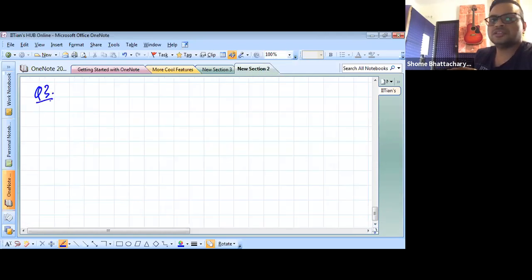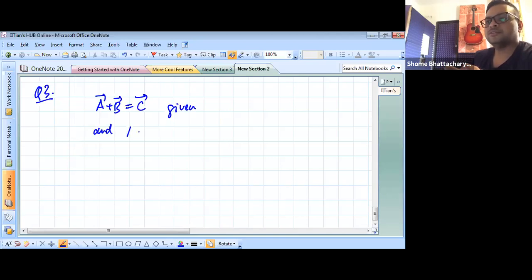So question 3 is saying that the resultant of 3 vectors is 0. Okay. And they are of individual magnitudes 12, 5 and 13. Oh, sorry, it is given that A plus B is equal to C, not A plus B plus C is 0. That is given. And magnitude of A is 12, B is 5 and C is 13.